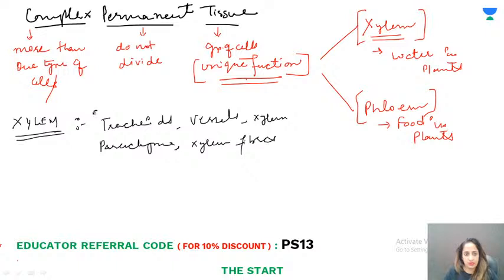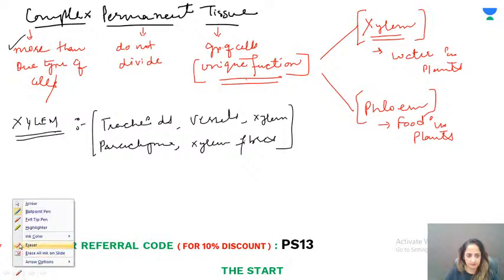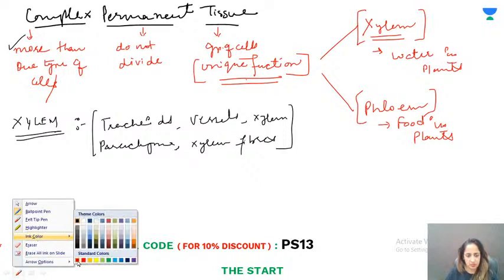So these are the four different types, as I said, because it's complex, so it will have more than one type of cell. So tracheids, vessels, xylem parenchyma, and xylem fibers. So now let's quickly talk about these, and then later I will talk about phloem.